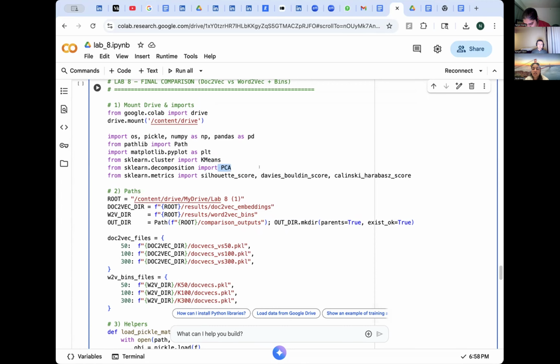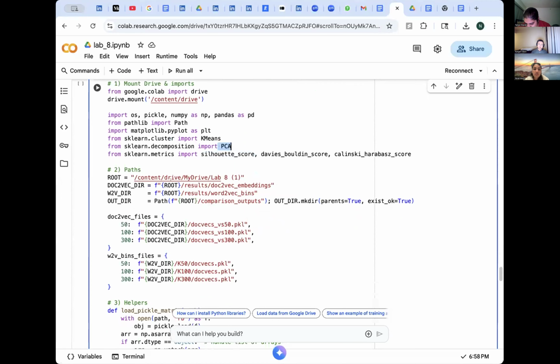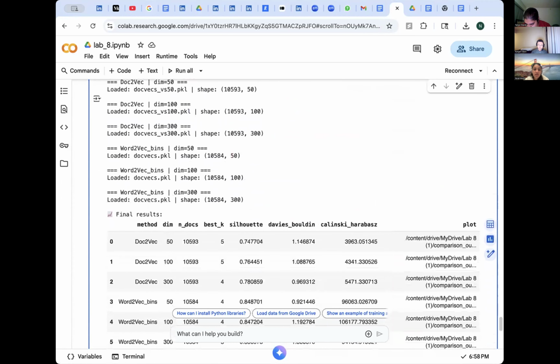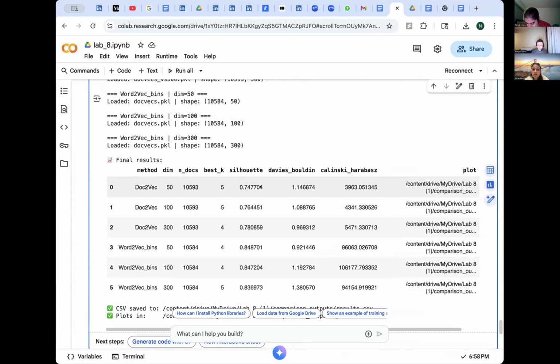So we use PCA to decrease the dimension to visualize the clusters better. These are the libraries we used. Finally, we got the silhouette and the Davies-Bouldin scores for Doc2Vec and Word2Vec. As I said, we are comparing with these vector sizes of 50, 100, and 300.